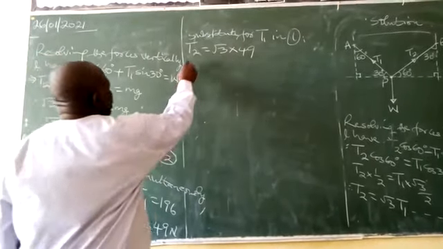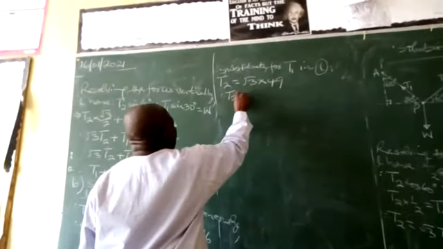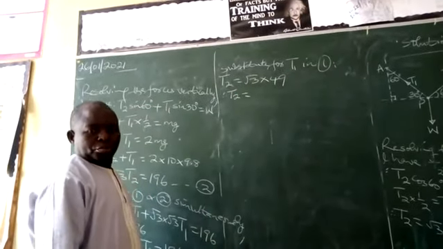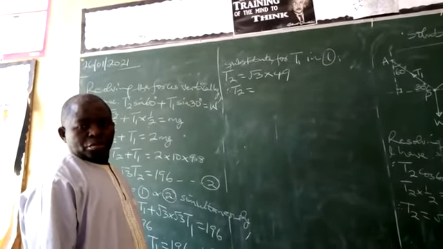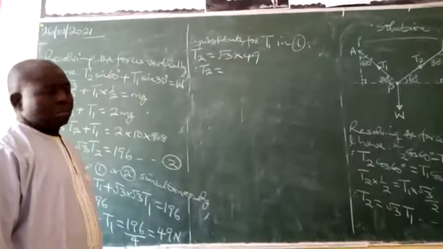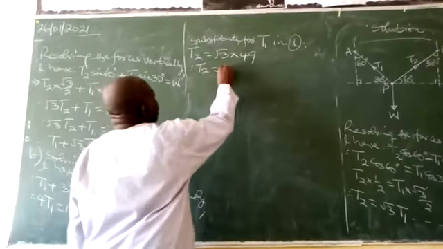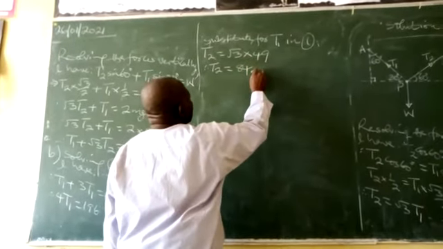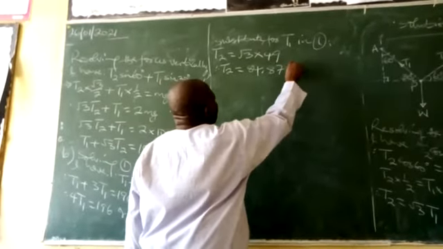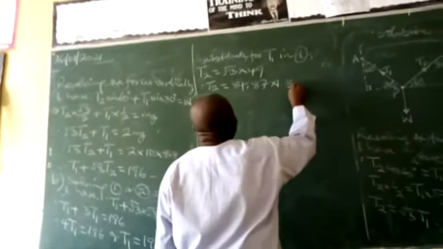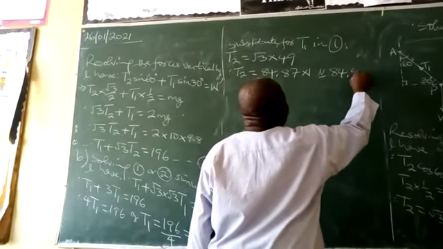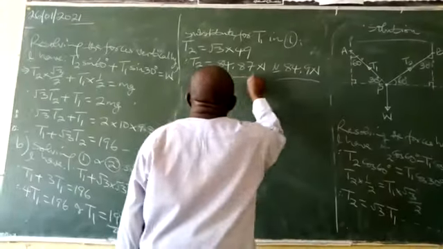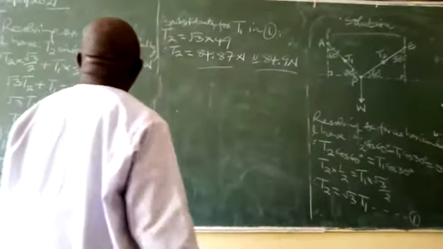So T2 is 84.87 Newtons, which roughly equals 84.9 Newtons.